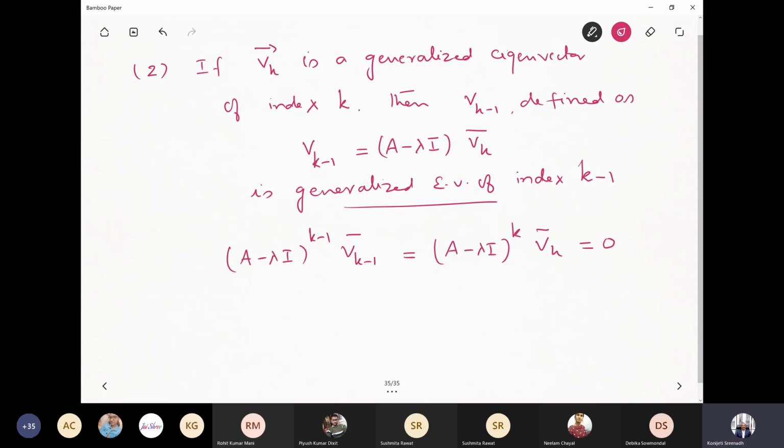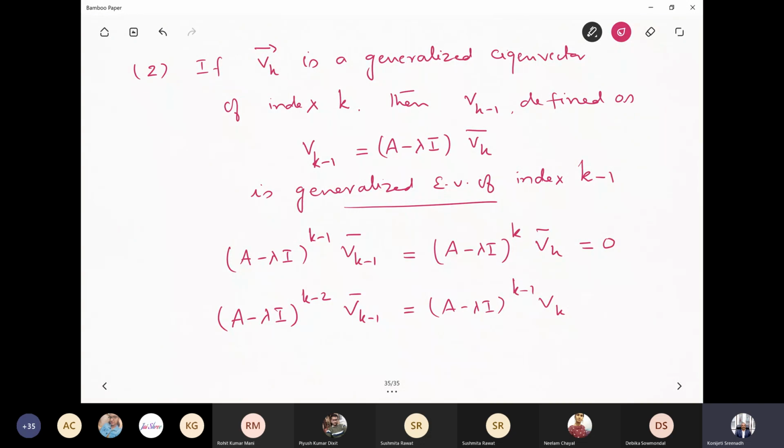And k minus 1 is the smallest because if I write (A minus lambda I) to the k minus 2 times Vk minus 1, that is simply (A minus lambda I) to the k minus 1 of Vk. And this is non-zero because Vk is a generalized eigenvector of index k.